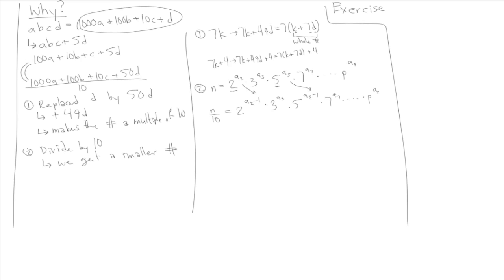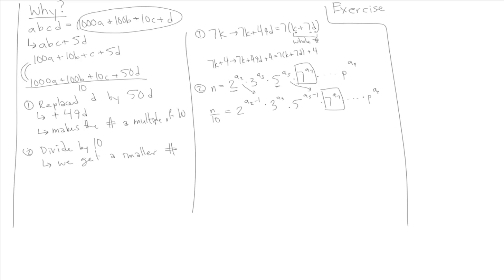In particular, this 7 here still has the same number of factors in the factorization of n. If it was divisible by 7, it still is. We still have at least 1 copy of 7. If it wasn't divisible by 7, we didn't add any copies of 7, so we're still not divisible by 7.